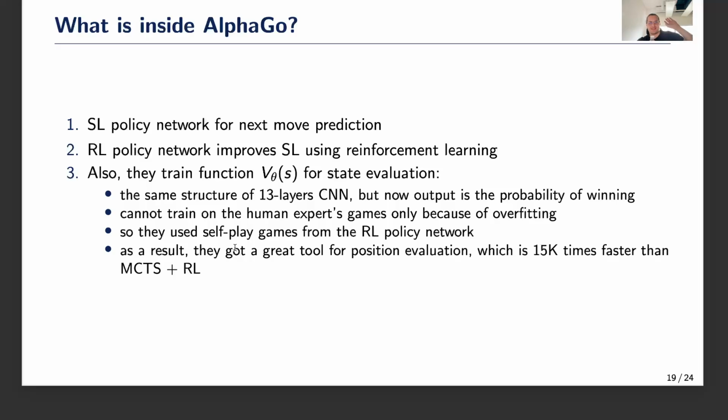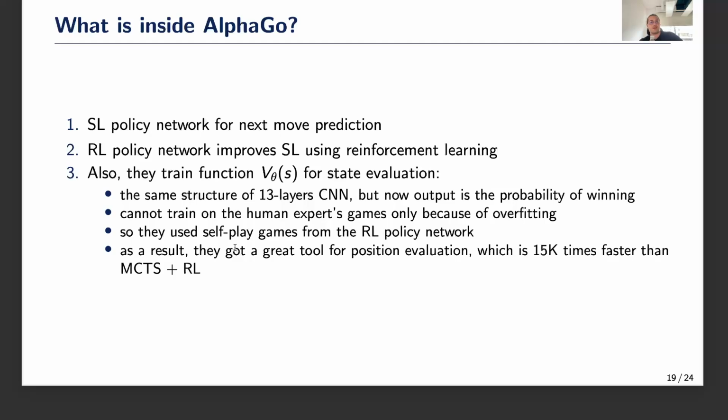It uses the same structure as both policy networks, but instead of outputting the move distribution, it outputs a scalar value between 0 and 1. And this is trained using regression, not classification. Also, they couldn't train on expert games.